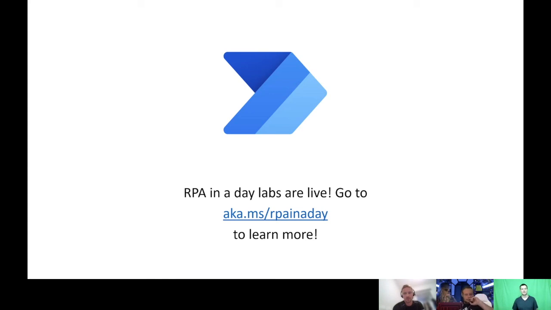You can do these labs in your own company, or just try them on your own. You'll have a set of scenarios and instructions to follow to onboard a bit faster with RPA. Because I personally learn the most efficiently when I have a scenario that I can actually create, not just try to figure out what I could do or read documentation, but work on a real case study. This is what RPA Labs in a day gives you.